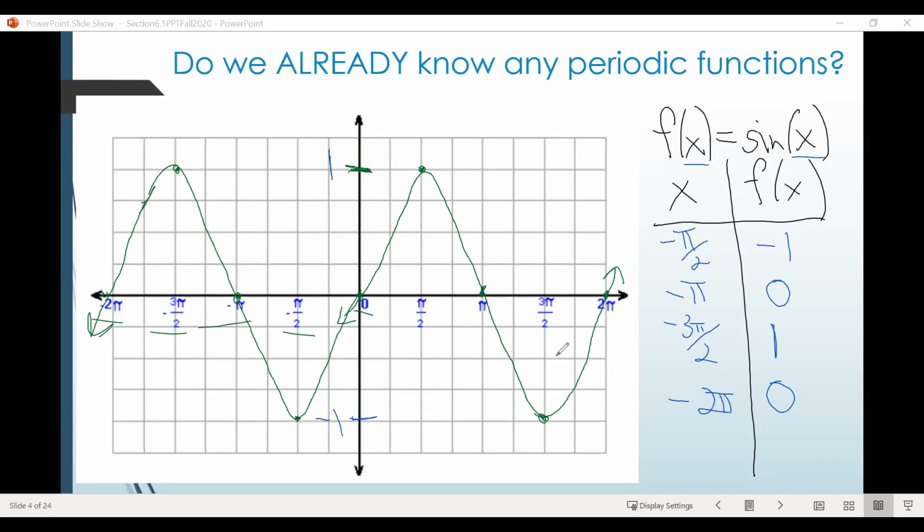Because notice if we take that left-hand piece there, and look at the right-hand piece, okay, notice that what I've highlighted there in red and orange are basically the same shape, right? They're just shifted over to the left or right. So we see that sine is in fact a periodic function.